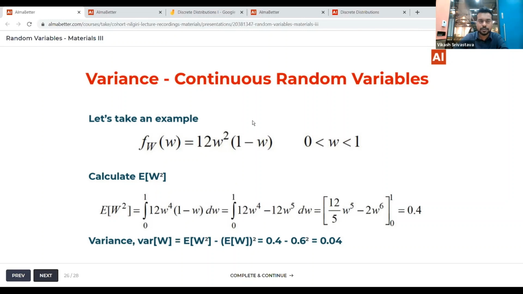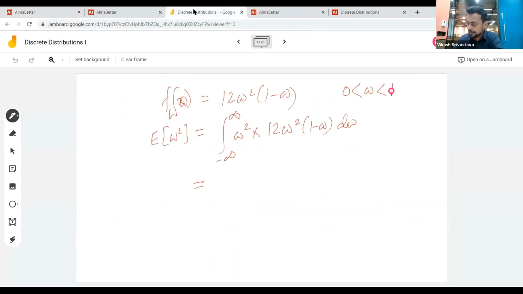So we can write the same thing in this particular interval, because everything else is 0. We write the integral of 12W to the power 4 into 1 minus W dW, and then you can calculate this, which will give W to the power 5 by 5 minus W to the power 6 by 6.